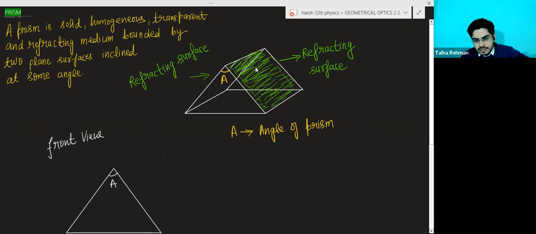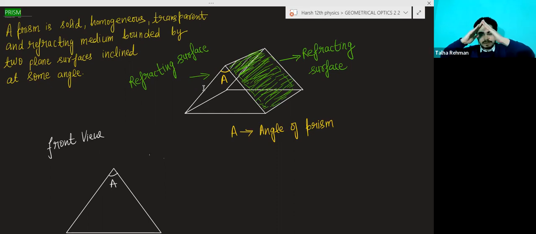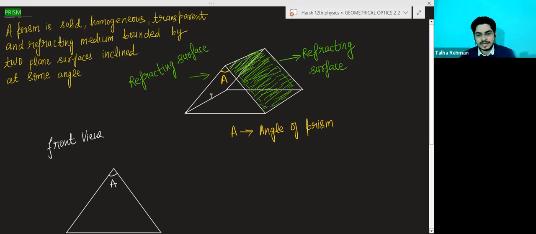One plane surface is this, another plane surface is this, and these plane surfaces are inclined at some angle, which is known as the angle of the prism.